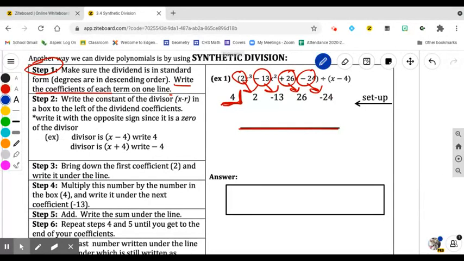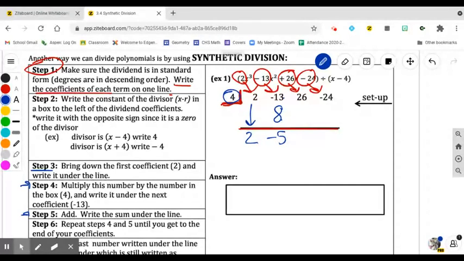Okay, the first thing you do, step 3, is bring down the first coefficient and write it underneath the line. Then you multiply whatever's underneath the line by the number in the box. So 4 times 2 is 8. Now you add. Negative 13 plus 8 is negative 5.